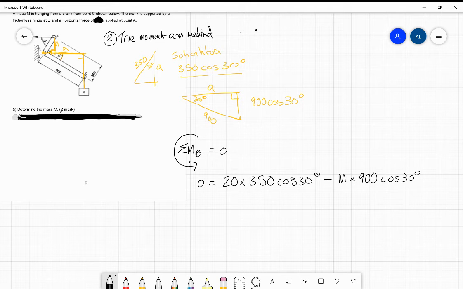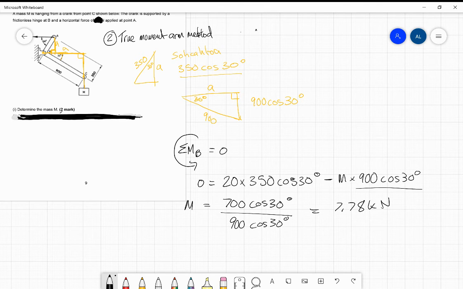If you've watched the previous video, you'll know that this ends up being the same answer. So if we bring the M over to the other side and divide by these values, 700 cos 30 degrees over 900 cos 30 degrees, we get 7.78 kilonewtons.